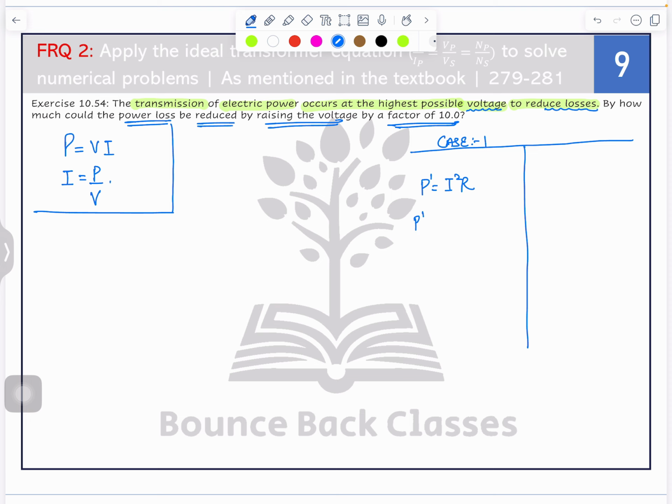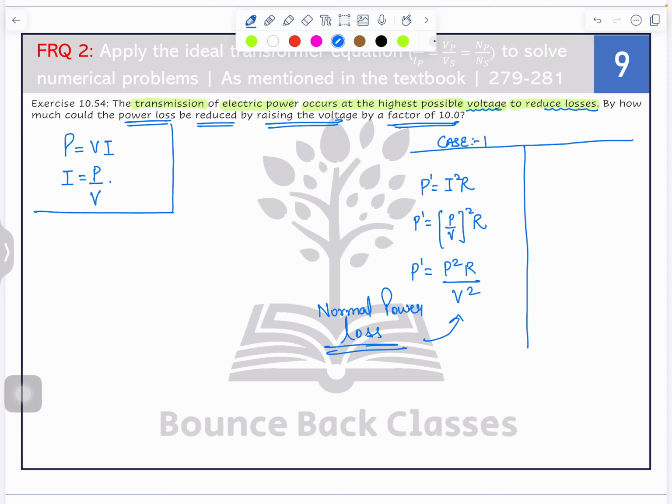So P dash is equals to P over V whole square multiply R. This is the case 1. Yes or no? So can I write like this? P dash is equals to P square R divided by V square. This is the normal power loss. Clear? This is your first equation.